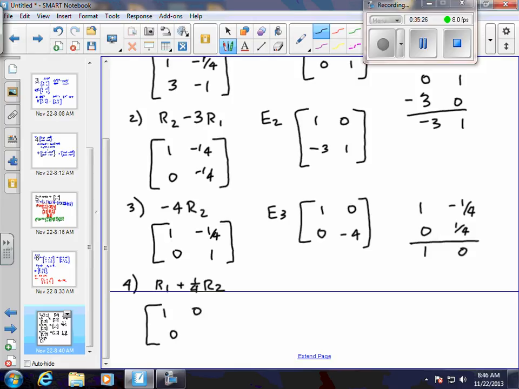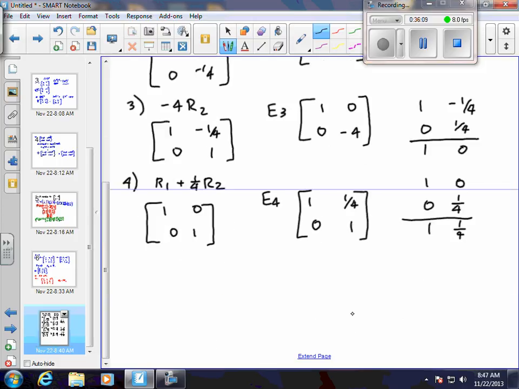So 1, 0, 0, 1, which makes my E4. I have to take the 2 by 2 identity and do the same thing to it. So I want to take row 1 and add 1/4 row 2. So that gives me 1, 1/4. So I have 1, 1/4, 0, 1.